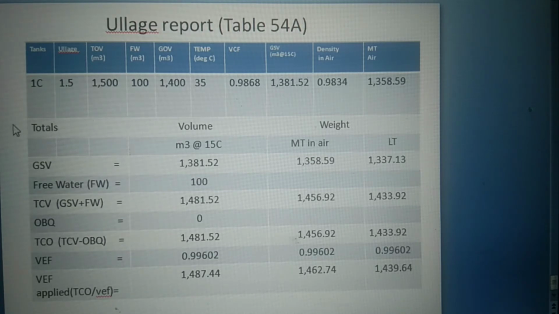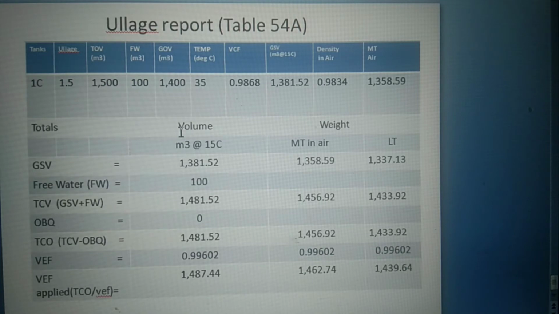So at the bottom of the OLEDS report format, you can see the following: the total in volume quantity and total in weight quantity. Okay, so we use 54A.